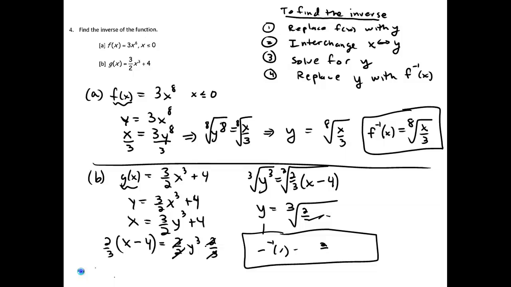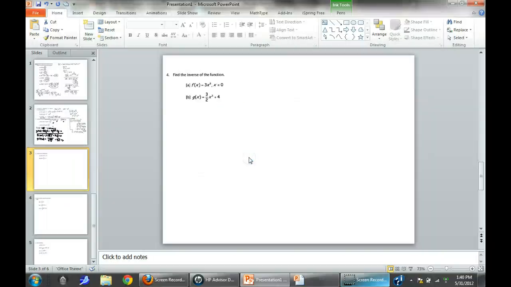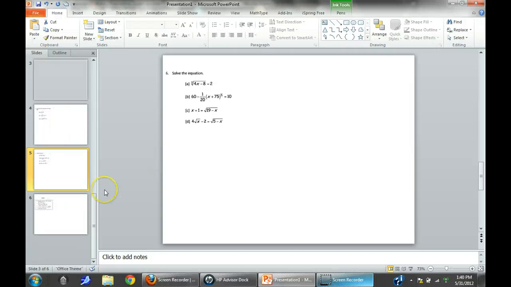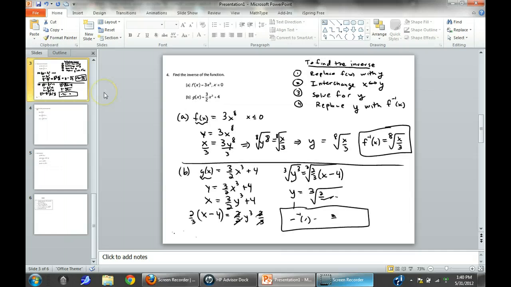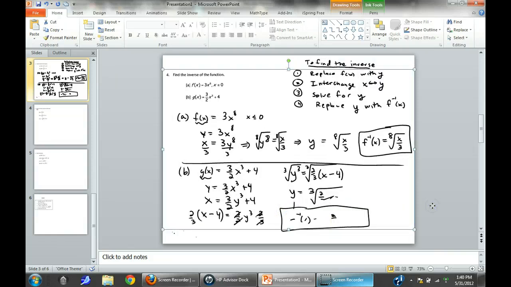Okay, it froze up for a second there, but it looks like it's good. That's not exactly what I had, but okay. I guess I was writing too fast.